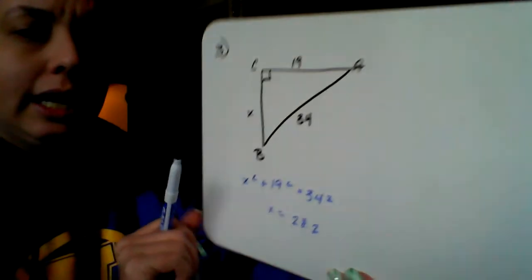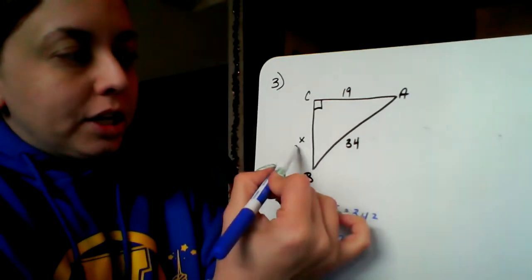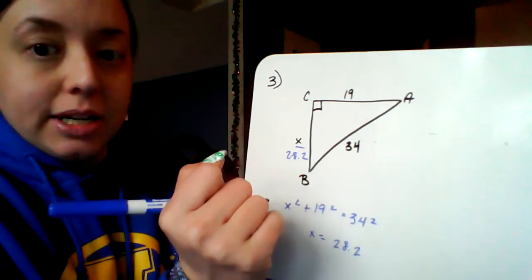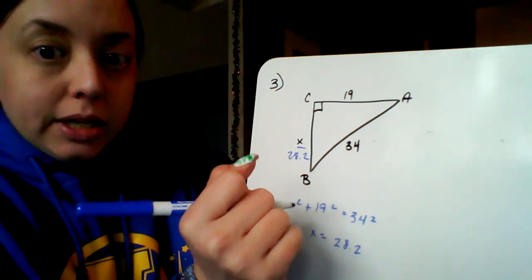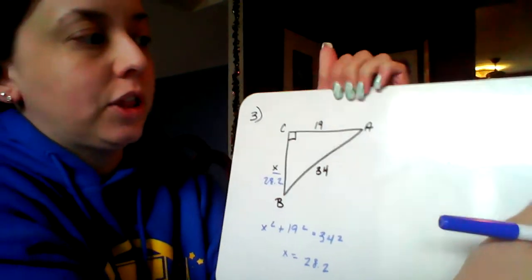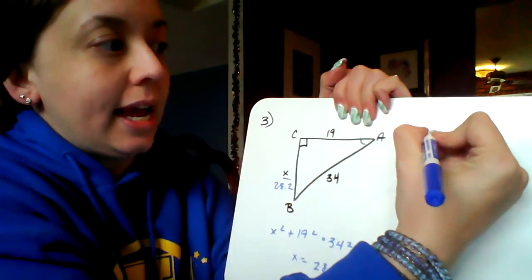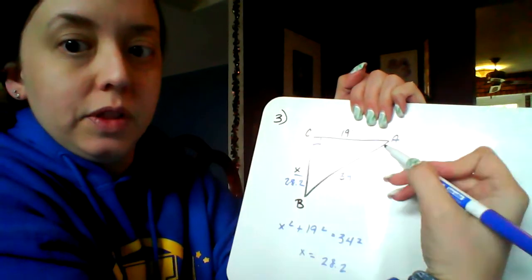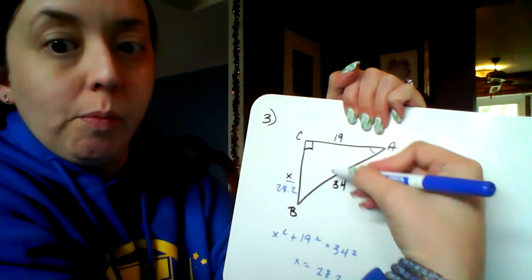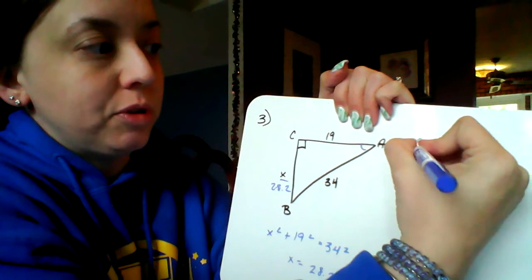All right, and again, I'm not going to use this 28.2 in my trig just in case I mess something up on that. I'm just going to stick to the 19 and the 34. So the 19 and the 34, let's say from angle A, I have the adjacent side and the hypotenuse, which means I'm using cosine.